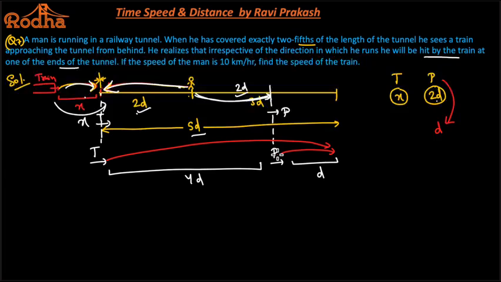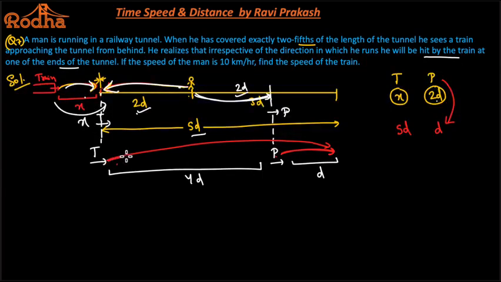So in the time when the person has covered d, the train has exactly covered 5d, guys. सही बात है ना? So in the time in which the person reached from this point to this point, the time in which the person has covered d, ठीक है?